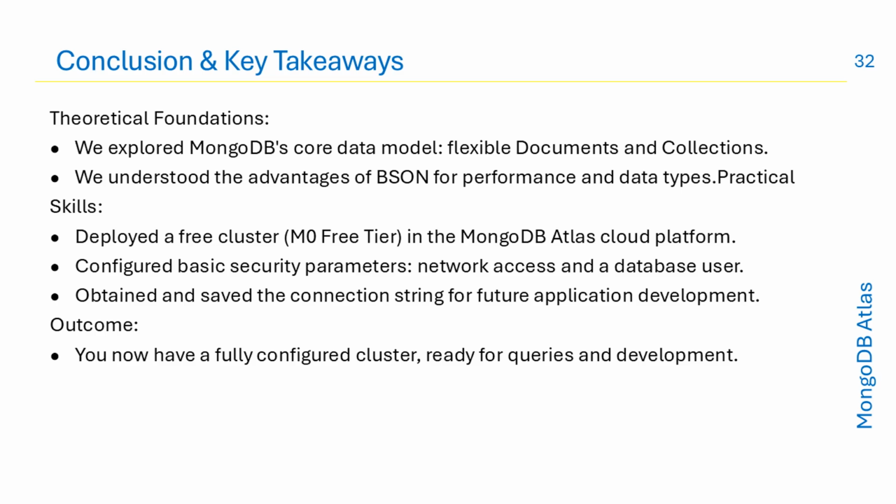Following the hands-on guide, we walked through the entire process of deploying a free M0 cluster in the MongoDB Atlas Cloud Platform. We configured its fundamental security settings, including the IP access list and a new database user. And most importantly, we obtained and saved the final connection string, which is the key you'll use to connect your applications to the database. The end result is that you now have a fully configured live database cluster in the cloud, loaded with sample data and ready for you to start building on.